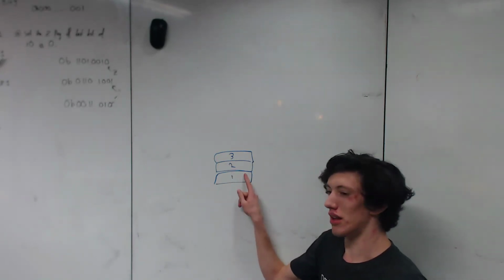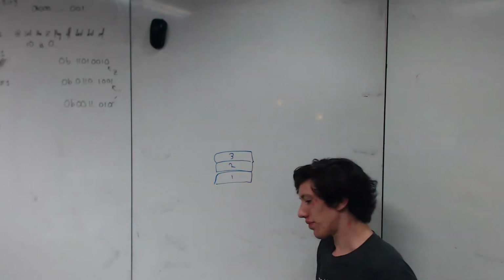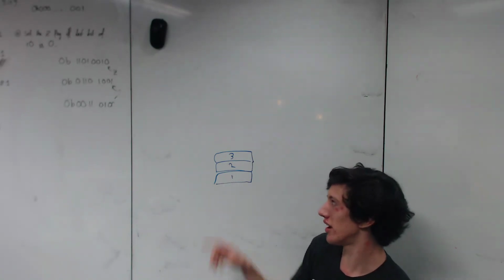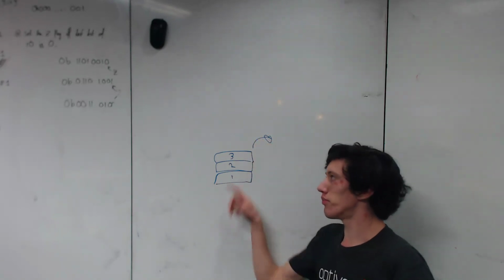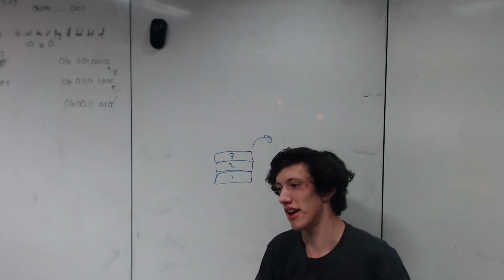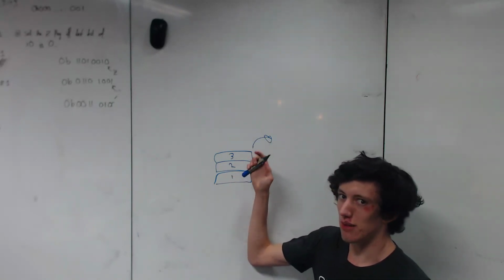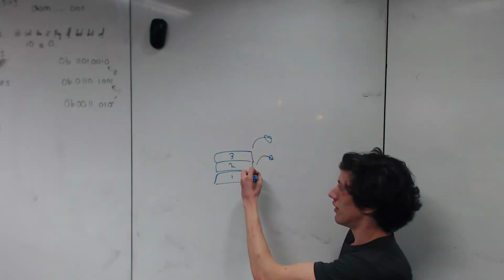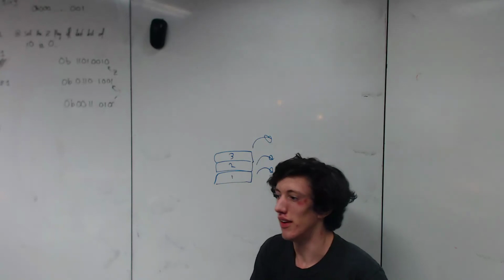Brick 1 went in first, 2 second, 3 third. When we pop stuff off the stack, we take it right off the top. Brick number 3 was the last one to go on, but because it's on the top, it's the first one to come off. So brick 3 comes off first, then brick 2, then brick 1. In that way, it's first in, last out.